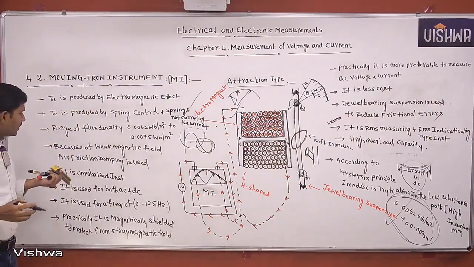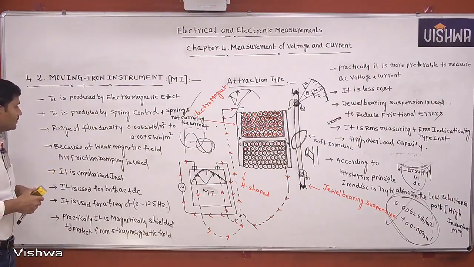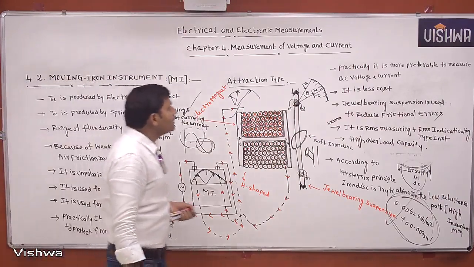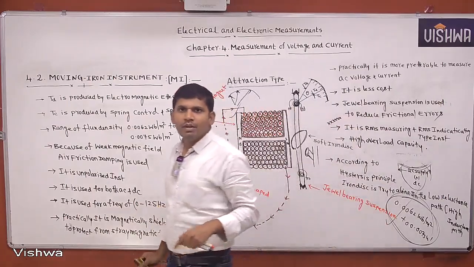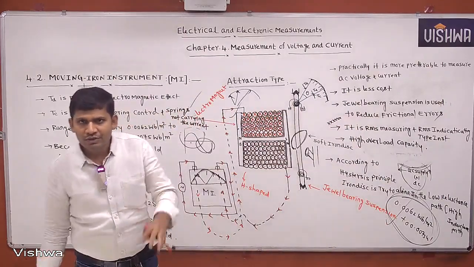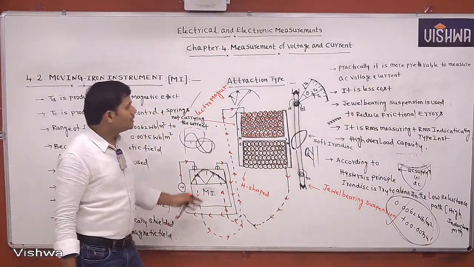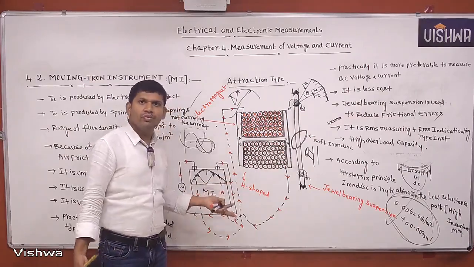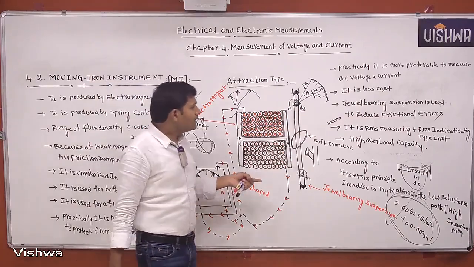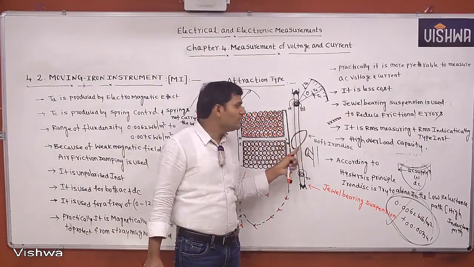Okay, this is in detail about the moving iron instrument, the attraction type. For repulsion type instruments the points are the same, but the operation will be different, which you will see later. This total mechanism put in this box becomes a moving iron instrument. This is a soft iron disc, a high permeability steel material.